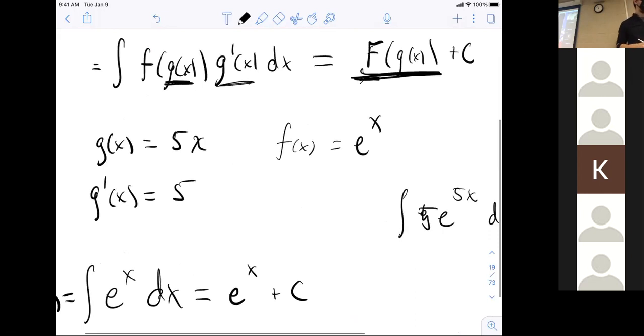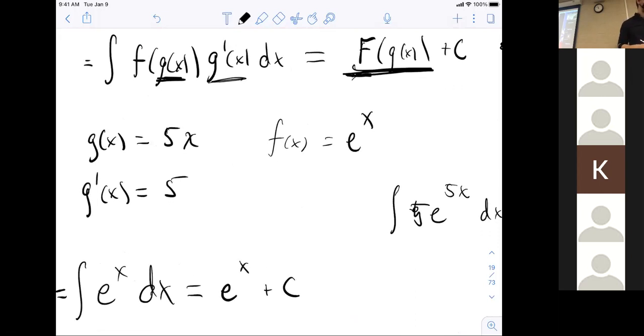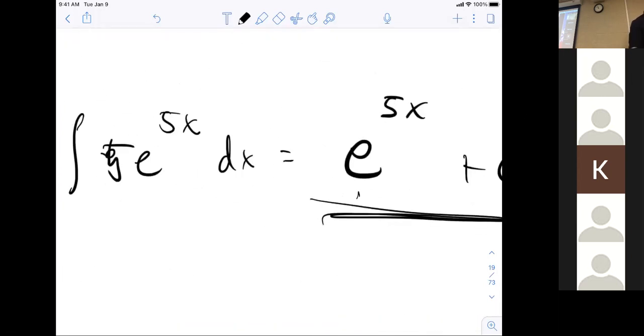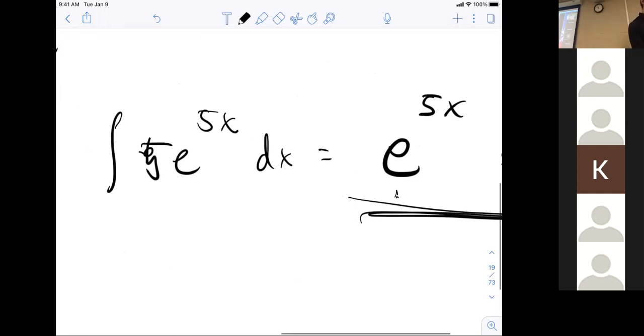And so the fact that that 5 shows up as g prime means that it just goes away on this side. So the idea is if I differentiate this side, by the chain rule, when I differentiate this part right here, I'll get e to the 5x times the derivative of the inside, which is times 5. And so that's where this is coming from.